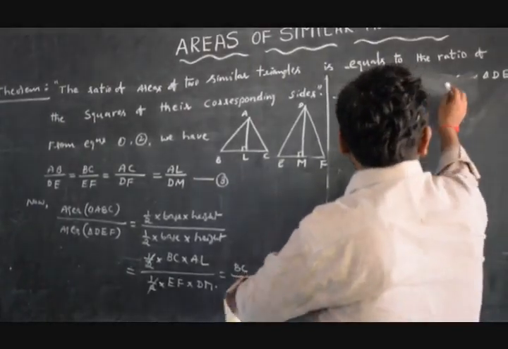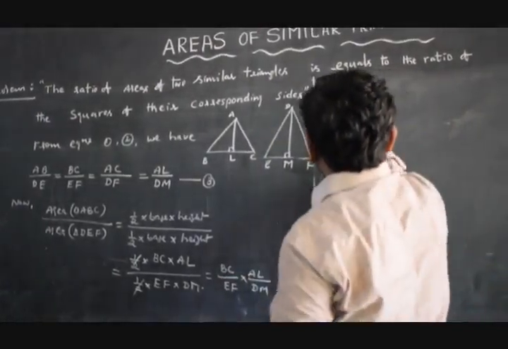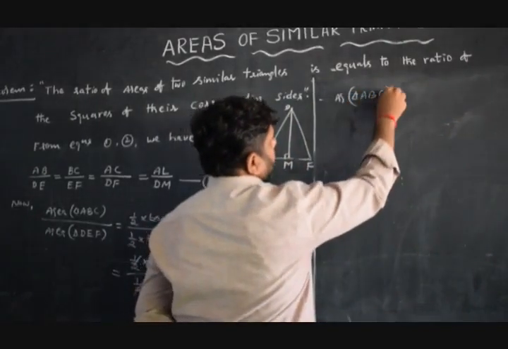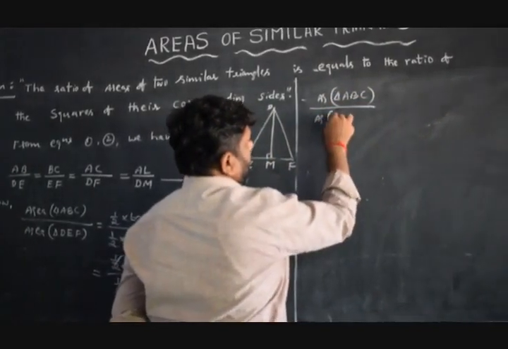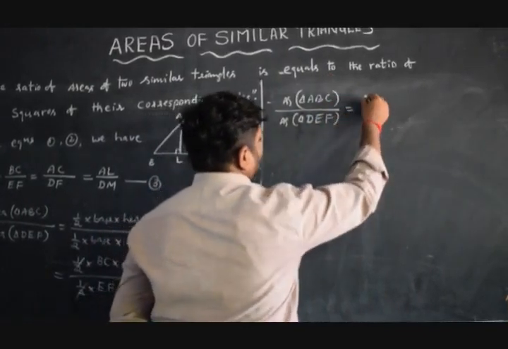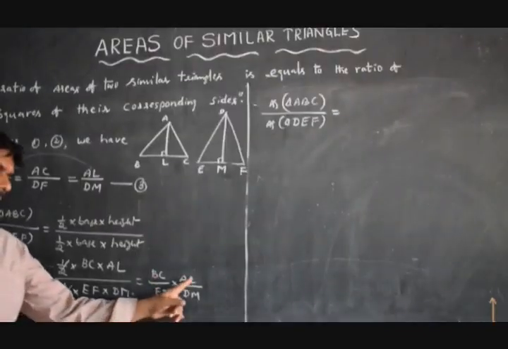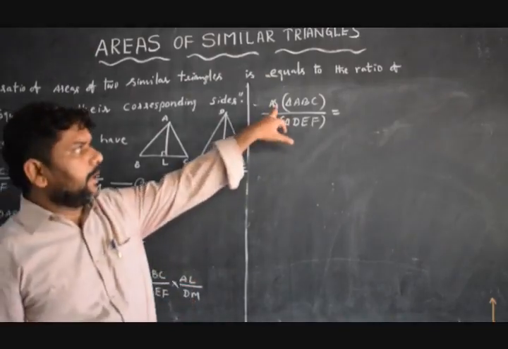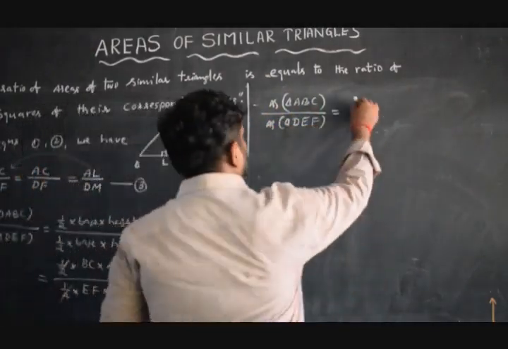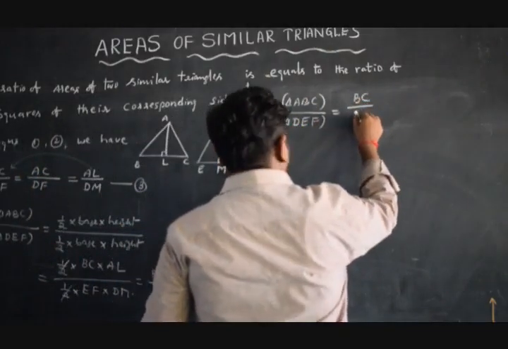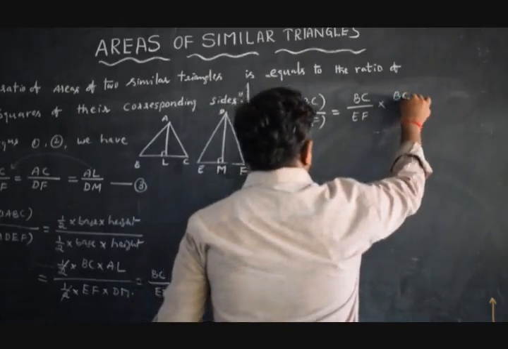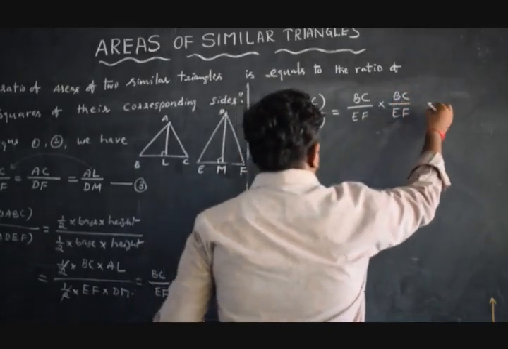Now area of triangle ABC by area of triangle DEF is equal to BC by EF into AL by DM. Area of triangle ABC by area of triangle DEF is equal to BC by EF into again BC by EF.